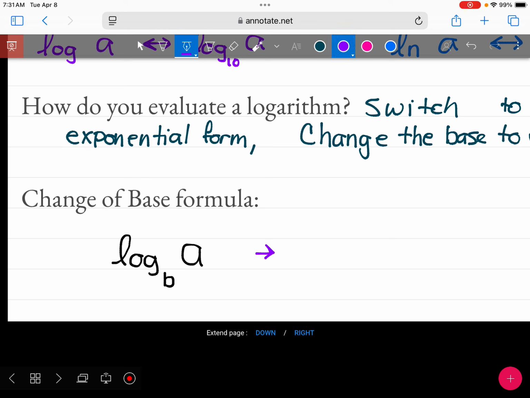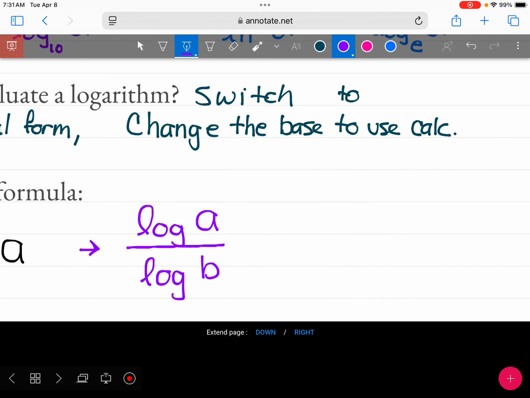Our change of base formula says this is the exact same thing as if I did common log of the argument over common log of the base. And I can put it as a fraction. Or we could do the natural log of the argument over the natural log of the base.